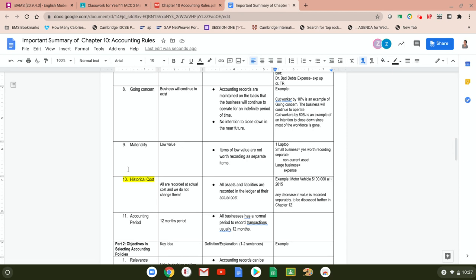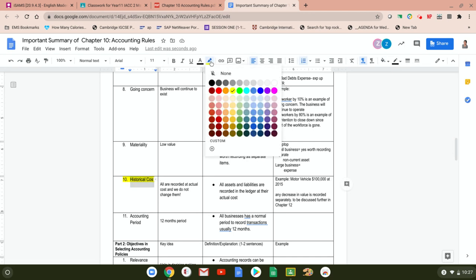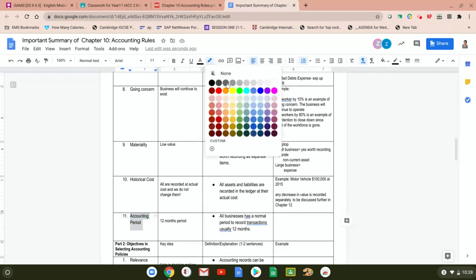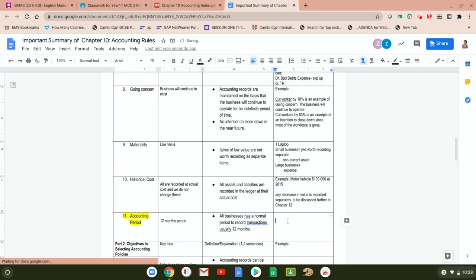The last one is accounting period. This is very simple. It simply means that businesses keep a certain accounting period, and usually it is 12 months. It can start in any given month. The normal one is January 1, 2019 to December 31, 2019.